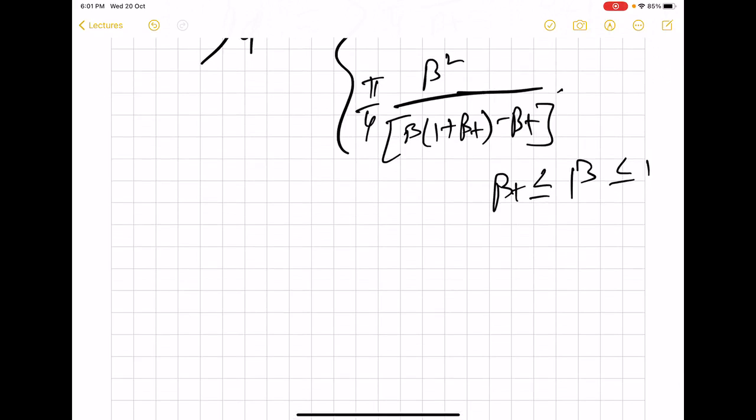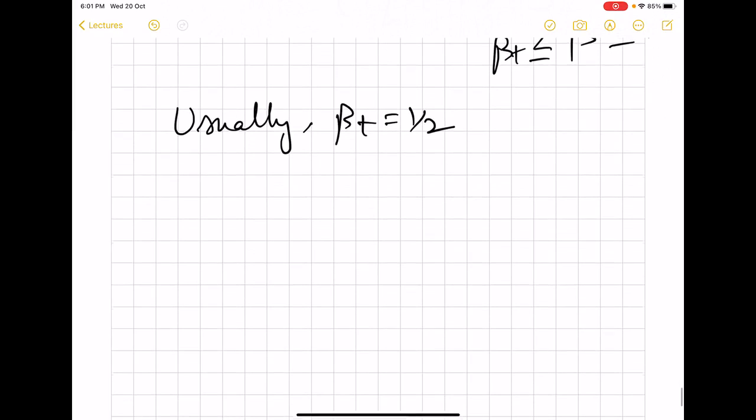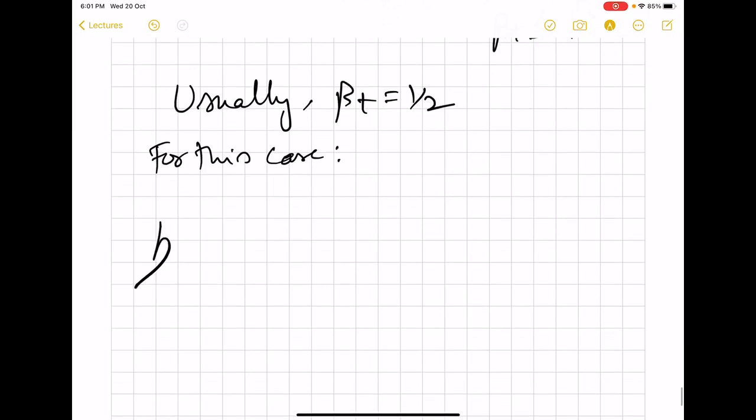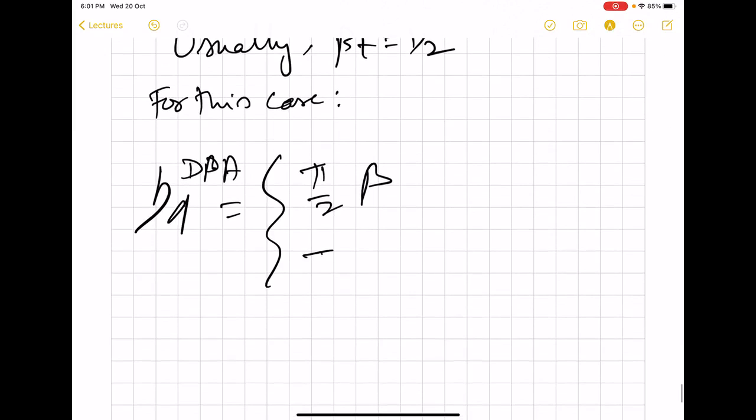So as was pointed out, typically we take beta t is equal to 1 by 2, the threshold. So for this case, the efficiency will be pi by 2 beta and pi by 2 beta square by 3 beta minus 1.